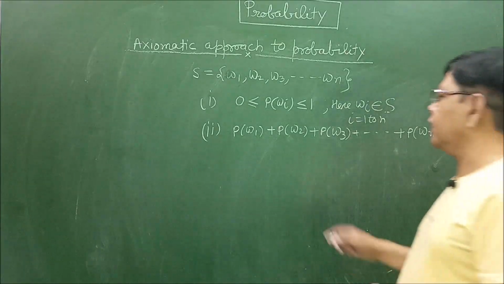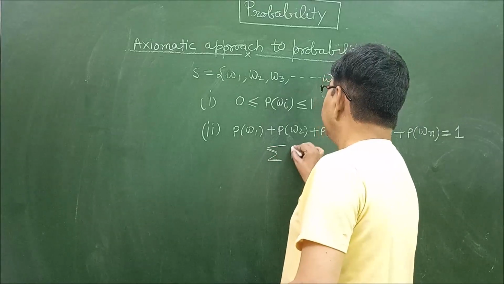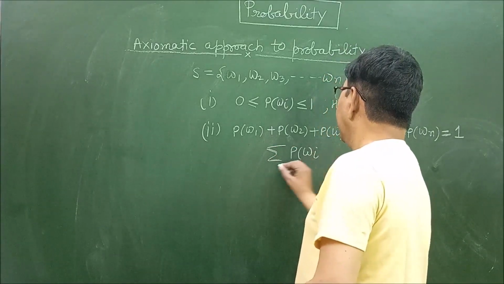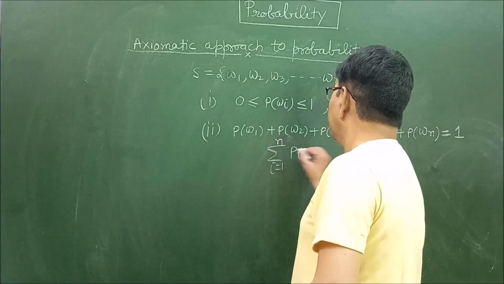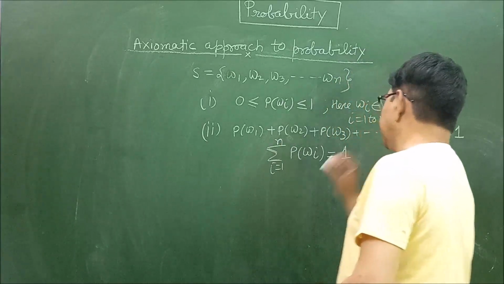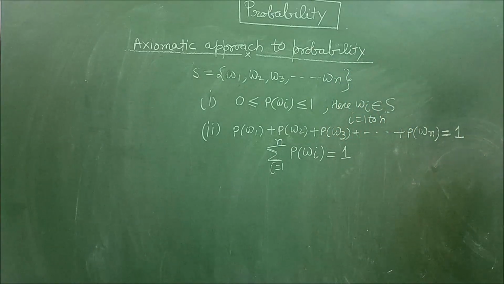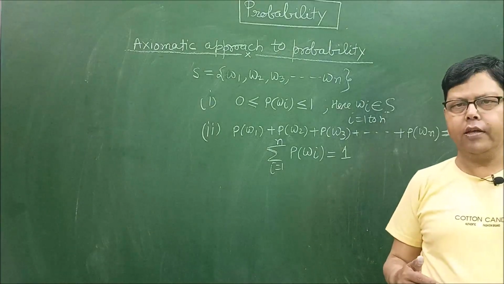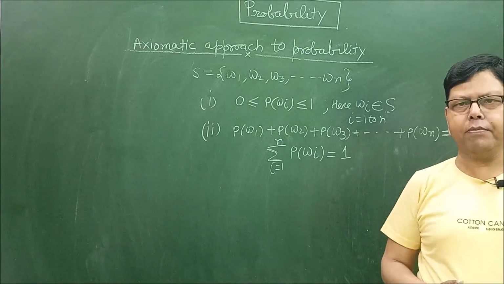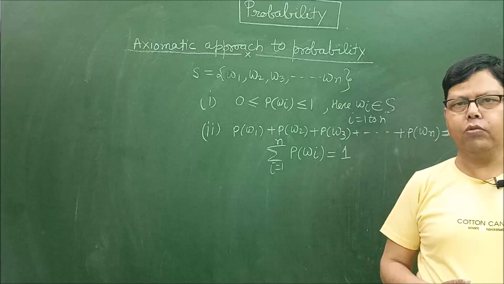That is, we can say sigma p of omega i, i varies from 1 to n, is equal to 1. It means the sum of the probabilities of all the elementary events in the sample space is equal to 1.